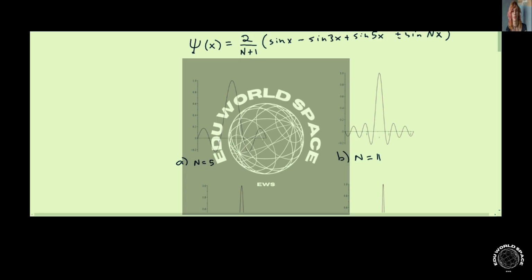We can see that the most probable location is pretty much in the middle of the box. We can think about the width of that central peak as being like the uncertainty in the position. So it has a high probability of being found near the center.